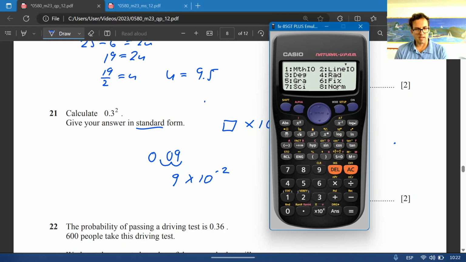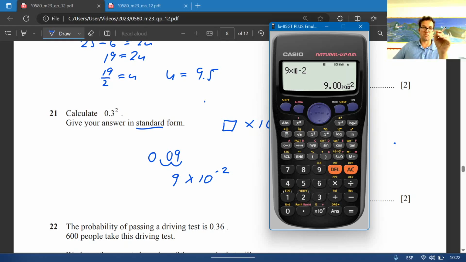We want it in Sci, which is scientific notation. You press 7. Then you pick a number between 0 and 9. Just do 3, because we do 3 significant figures. And you press equal. And there it goes, standard form.